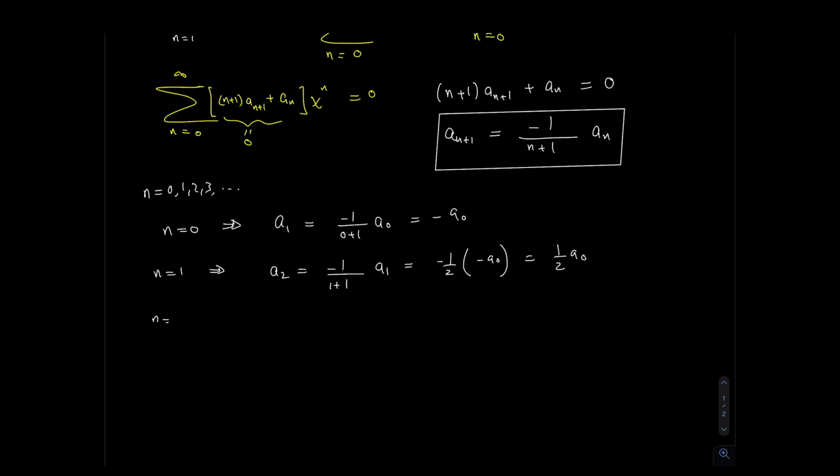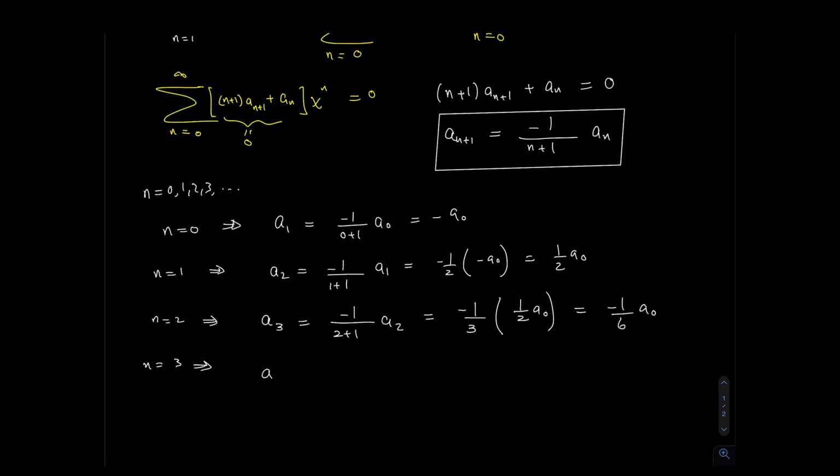Now if n is equal to 2, again substituting into the recurrence above, a3 equals minus 1 over 2 plus 1 a2. So this becomes minus 1 over 3 times a2, but a2 is 1/2 a0. So this becomes minus 1 over 6 a0. Moving on to n is equal to 3.